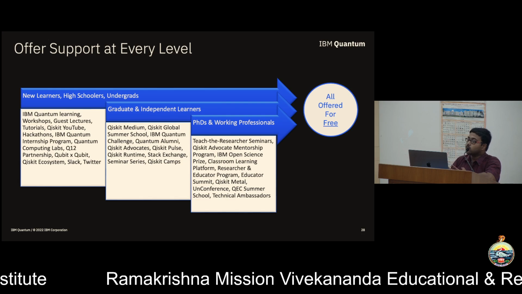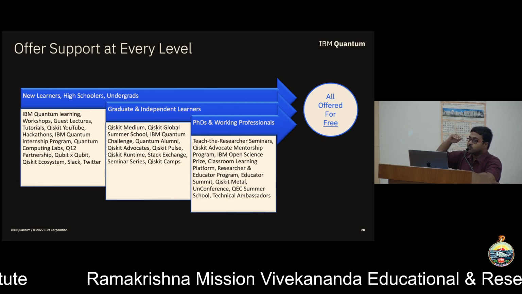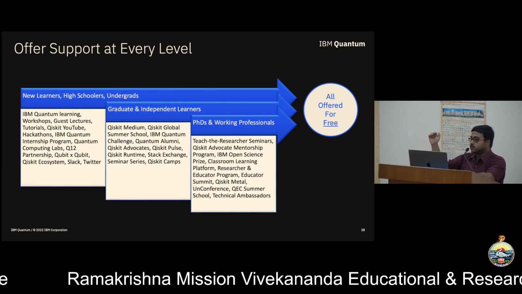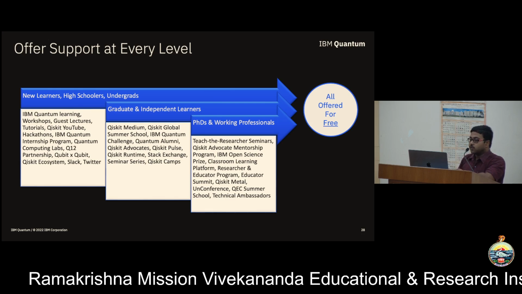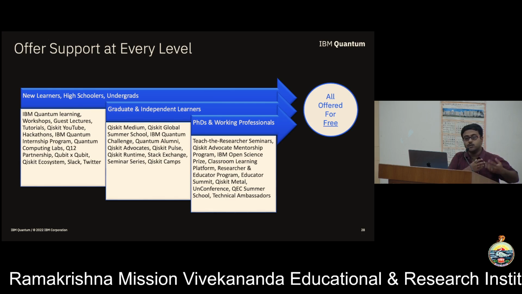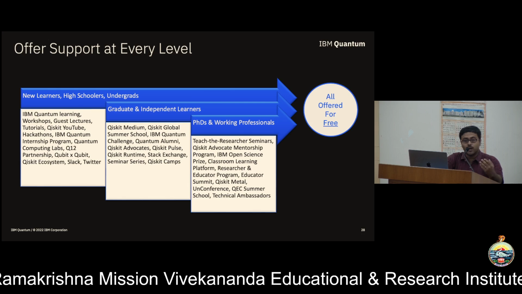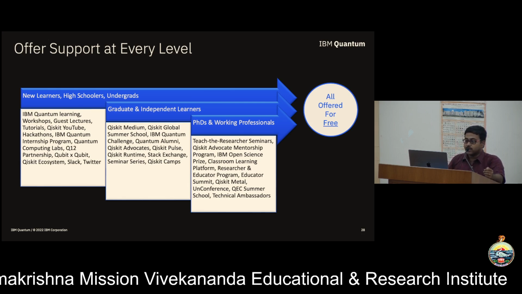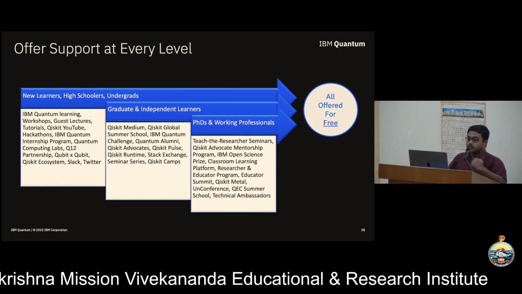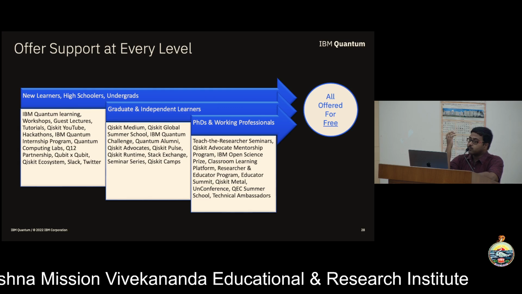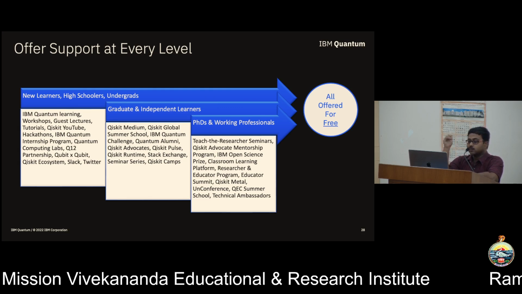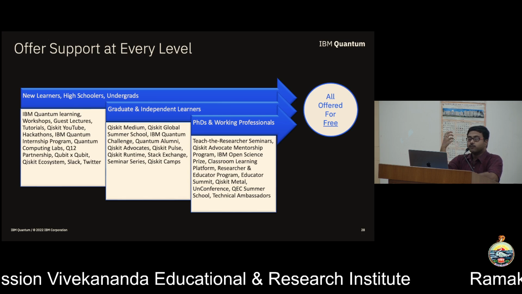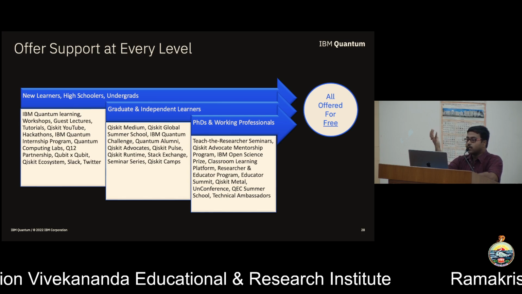You will get courses that will teach you even the most intricate mathematical details by John Watrous, who was at Waterloo. You will even learn how to start using a quantum computer and how to start writing code, if that is what interests you more. And then we have other things. For example, we have something called Qiskit Fall Fest, which you all can apply for.